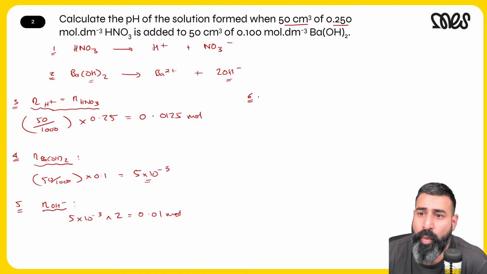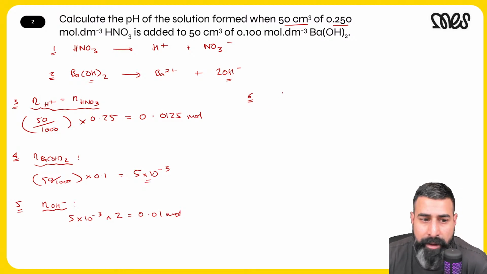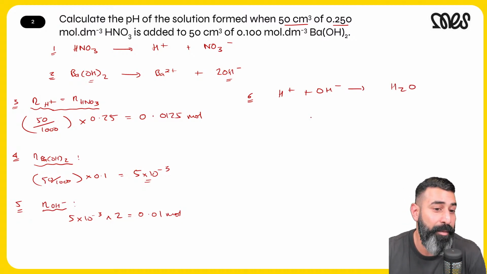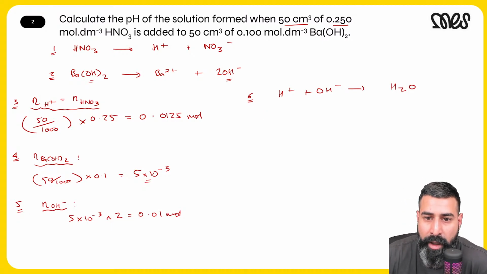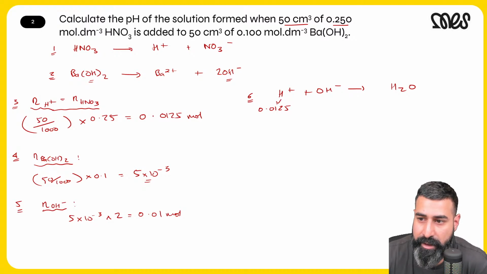Now what do we do? Well, in a neutralization reaction, all that is going on is that the H plus is reacting with OH minus to make H2O. So this now becomes a limiting reactants problem. I know the number of moles of hydrogen ions is 0.0125. That's why I put that number directly underneath H plus, okay?